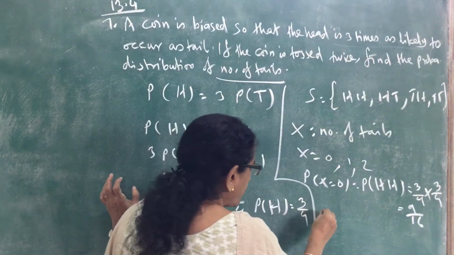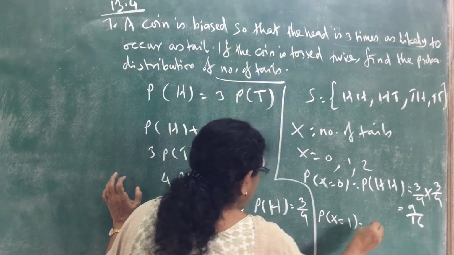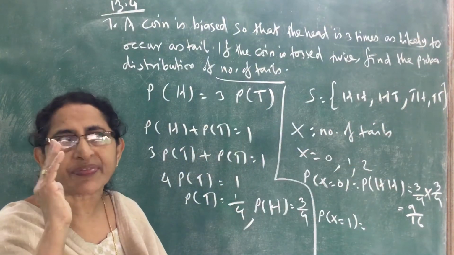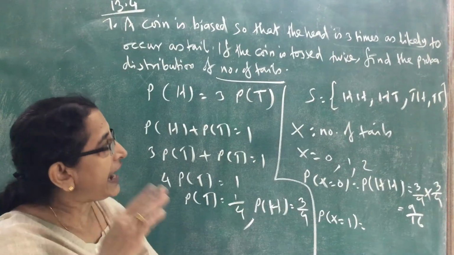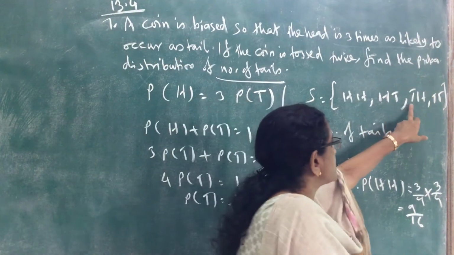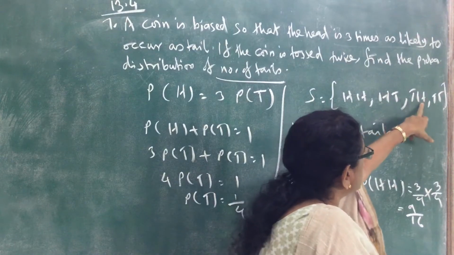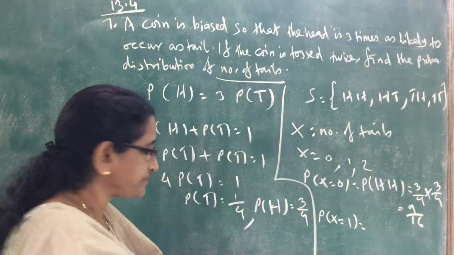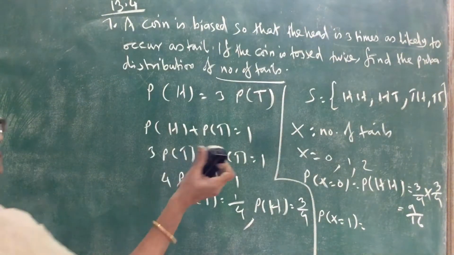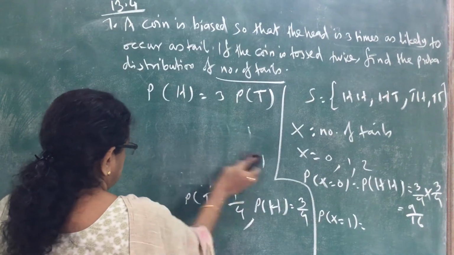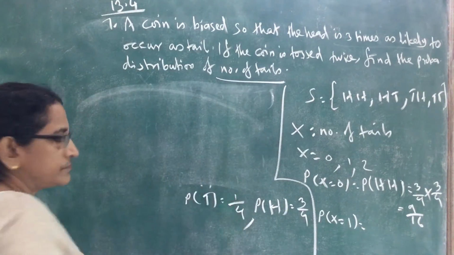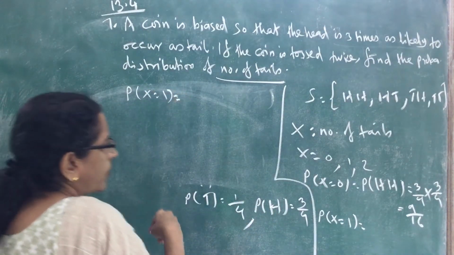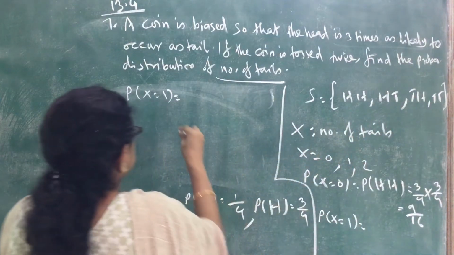The probability that X equal to 1, that is probability of HT plus probability of TH. That means first toss shows head and second tail, or first toss shows tail and second toss shows head. So both the probabilities we have to add. Therefore probability that X equal to 1 equal to probability of HT plus probability of TH.